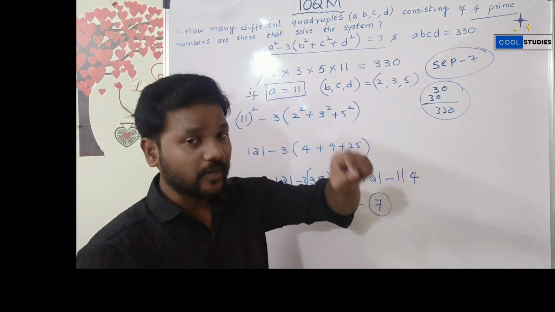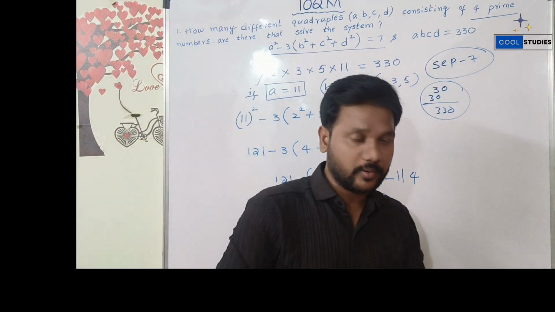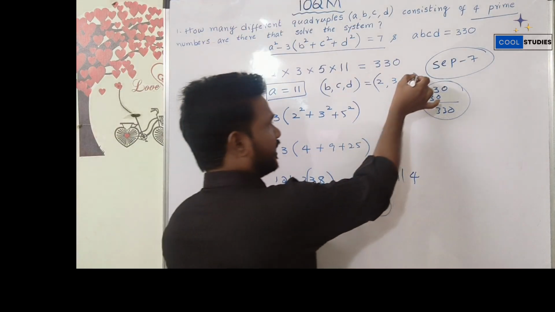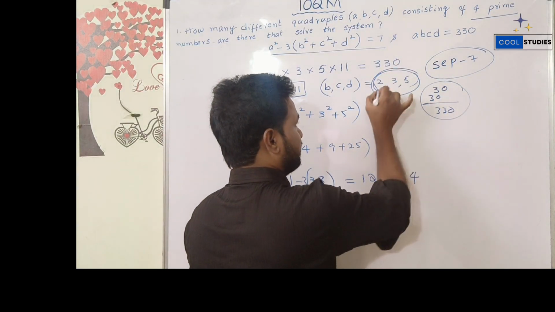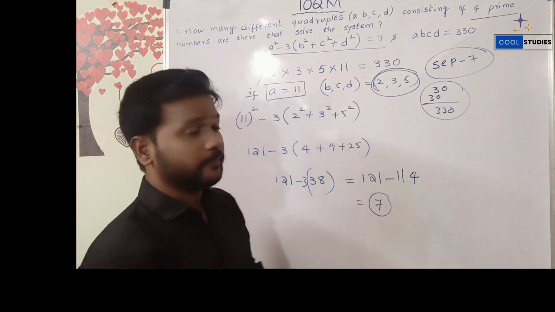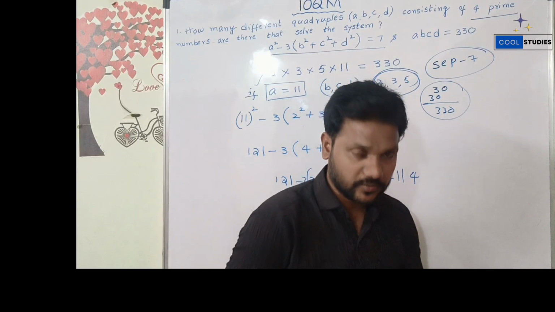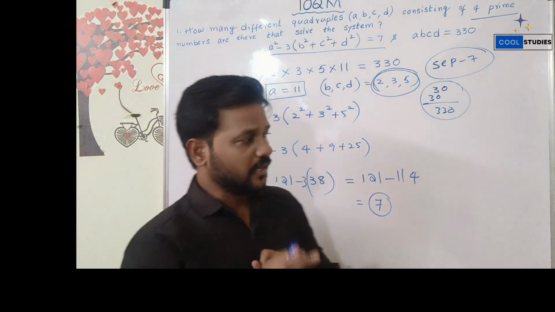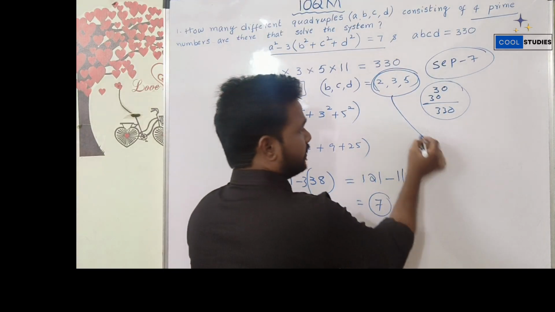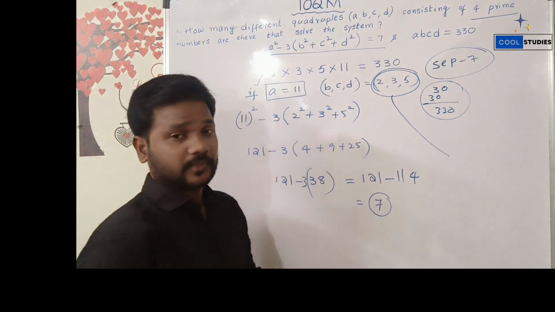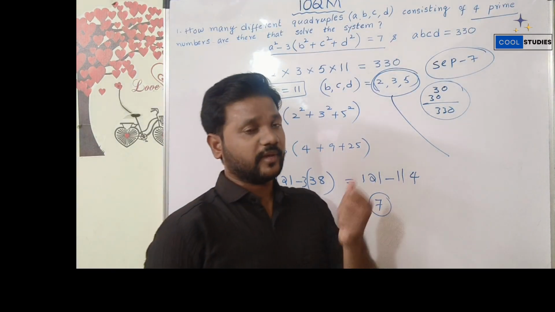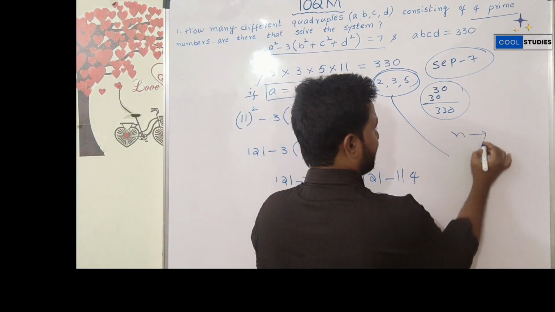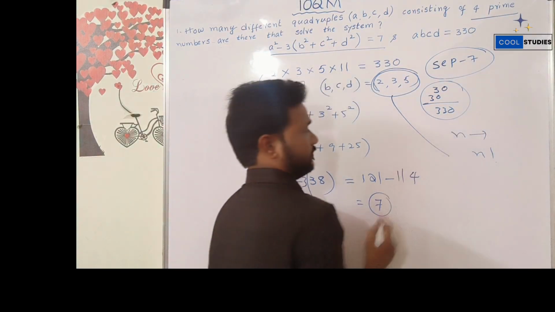The question is asking how many quadruples are possible to solve the system of equations here. So, in how many ways can these 3 numbers be applied to B, C, D? Let us apply permutations and combinations. There are 3 elements. In permutations, if you have n things, we can arrange them in n factorial ways.